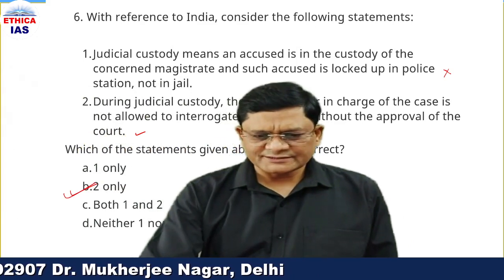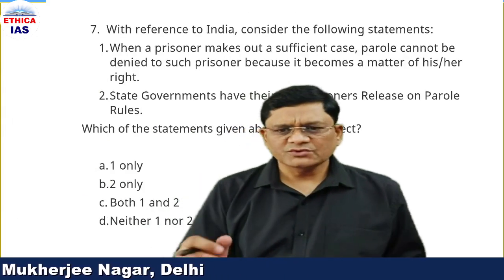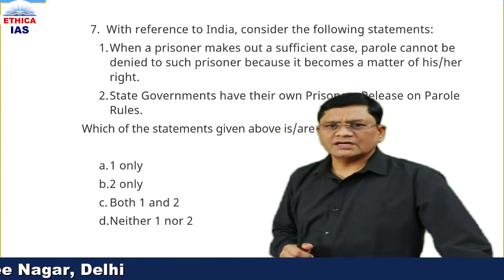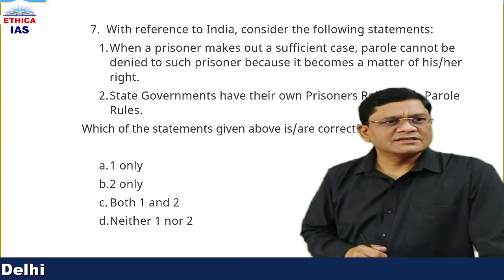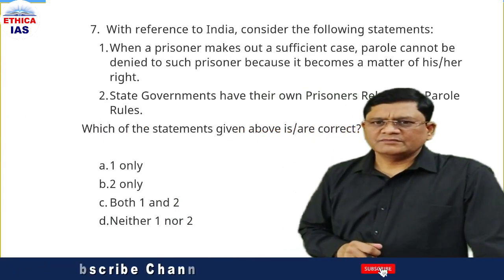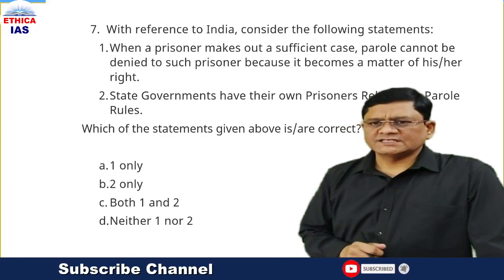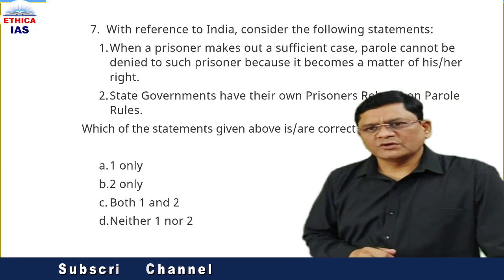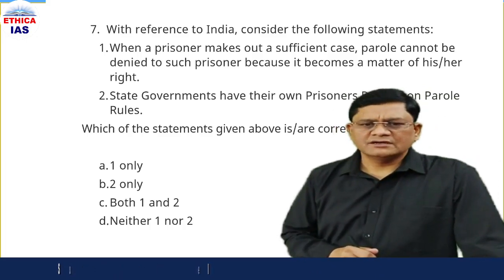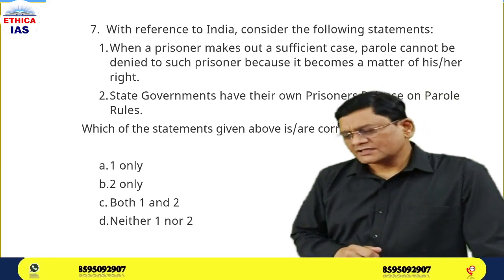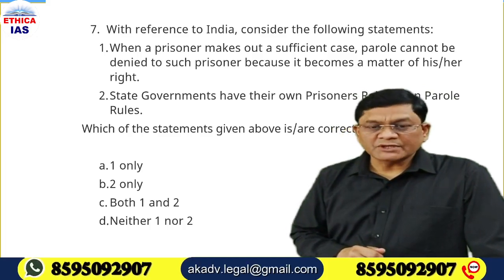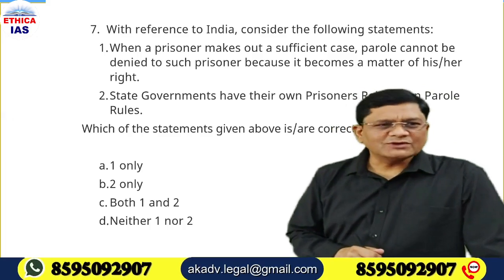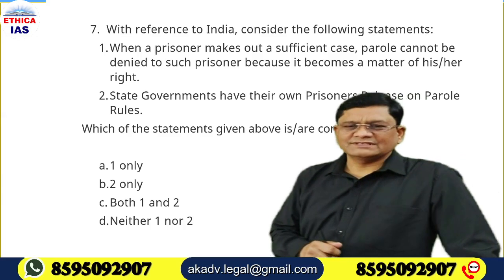Now, next question, seventh question. With reference to India, consider the following statements. When a prisoner makes out a sufficient case, parole cannot be denied to such prisoner because it becomes a matter of his or her right. So the question is about parole, that is jail manual, the management of jail.